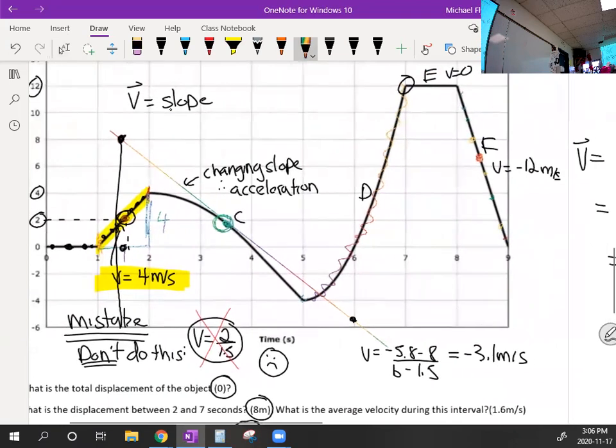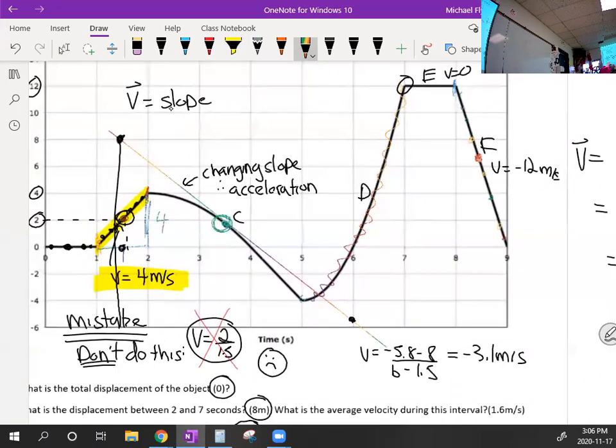So you can pick any interval you want to measure it in. The instantaneous velocity right there would be the slope of that straight line, which would be negative 12 over 1, or negative 12 meters per second.